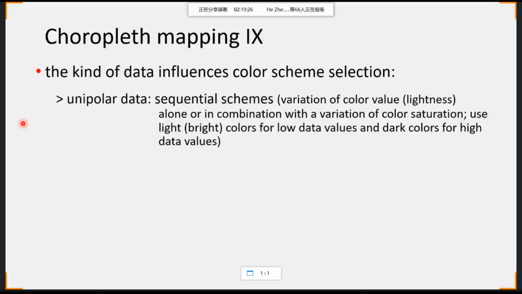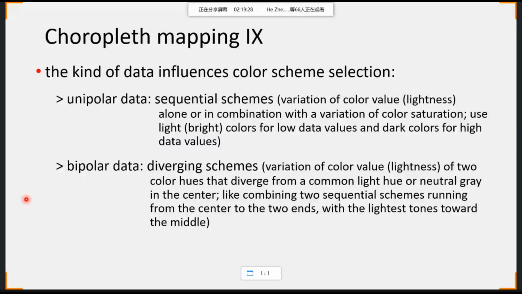Or you have bipolar data. Then it's better to use a diverging scheme. These schemes consist of a variation of color value, lightness of two color hues that diverge from a common light hue or neutral gray in the center.